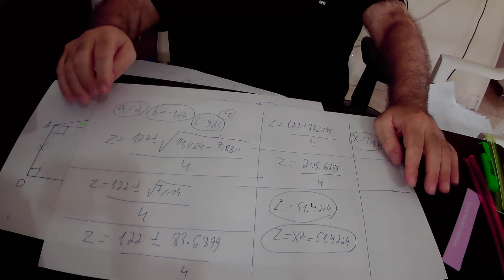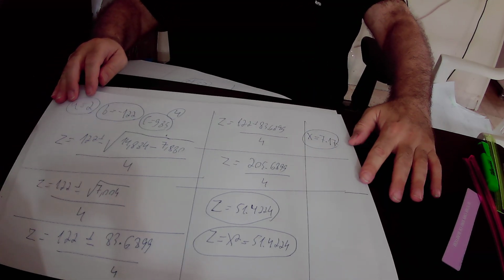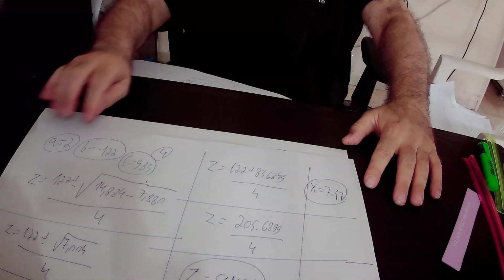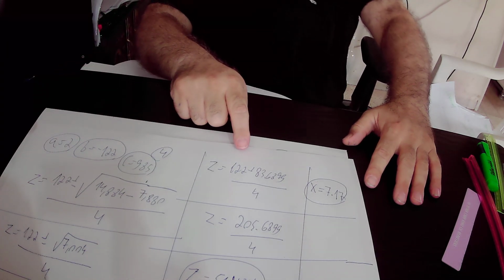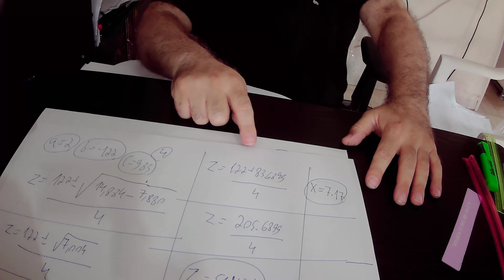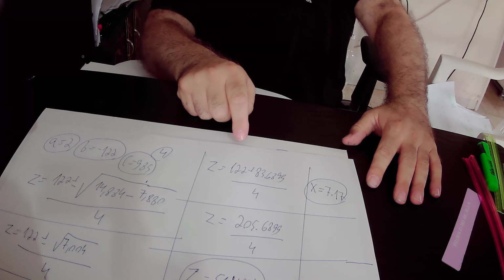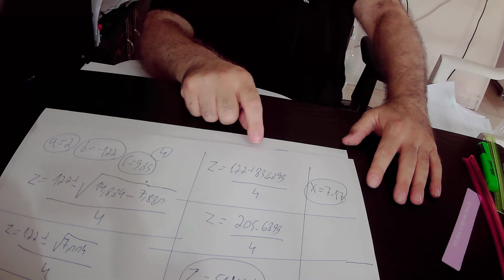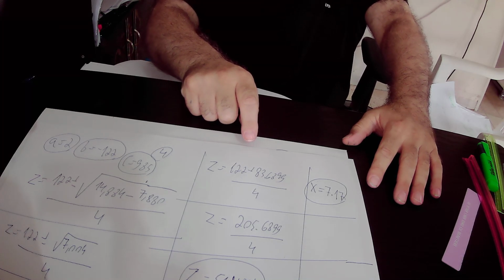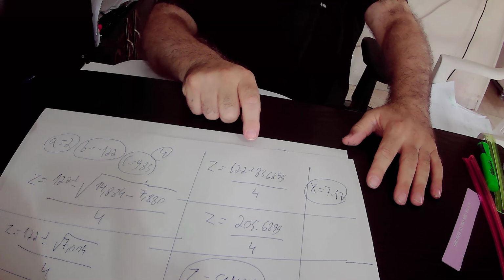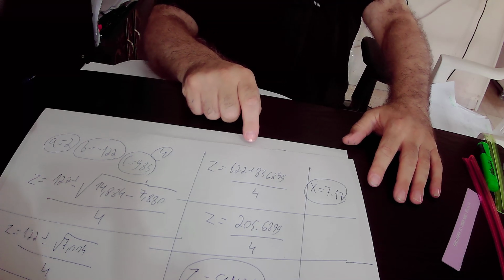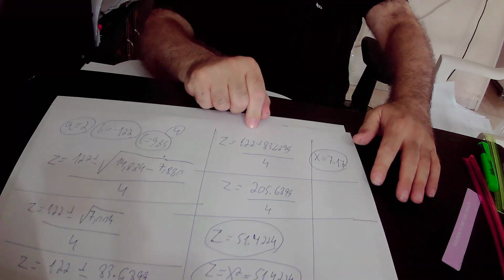So here we have two possible solutions for z. The first solution for z is z equals 122 plus 83.6899 over 4. 122 plus 83.6899 is 205.6899, and if we divide it by 4, we get that z equals 51.4224.